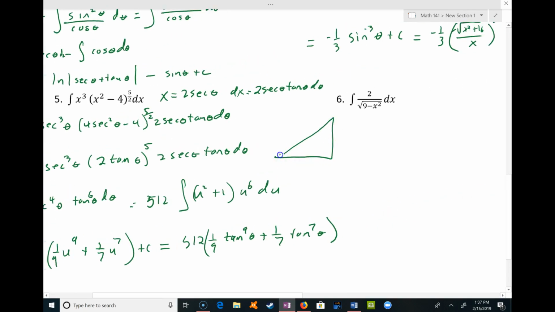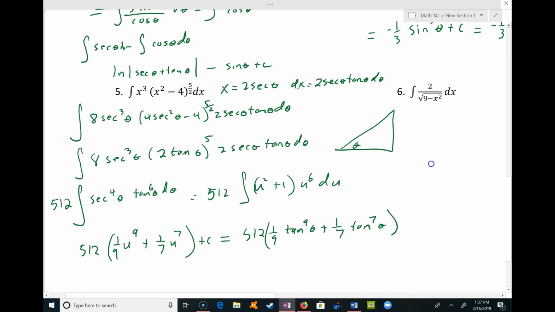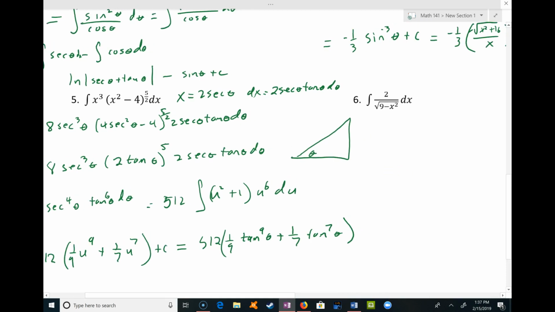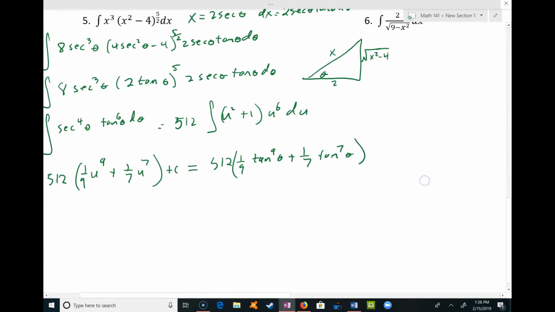Do our little triangle here. Theta, secant theta is x over 2. So that would be x over 2. And this is going to be the square root of x squared minus 4. So that means that tangent is going to be the square root of that over 2. Okay, so that'll make this interesting.